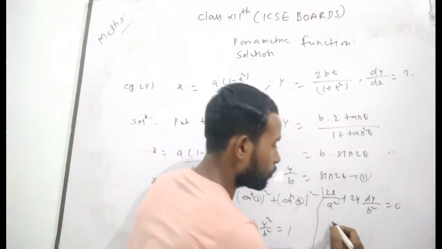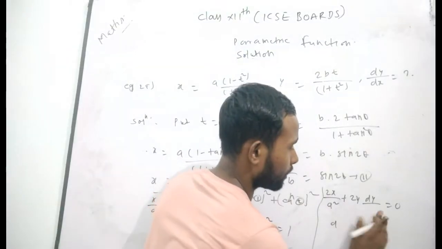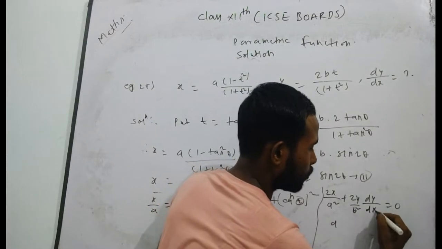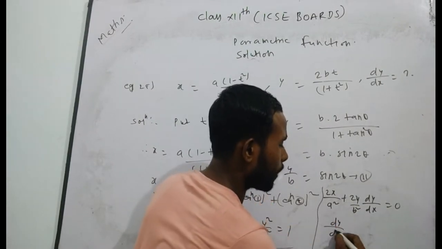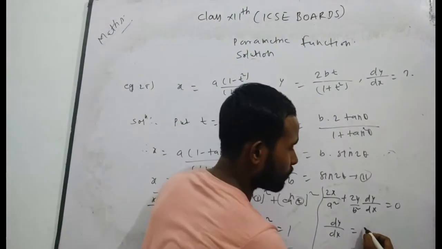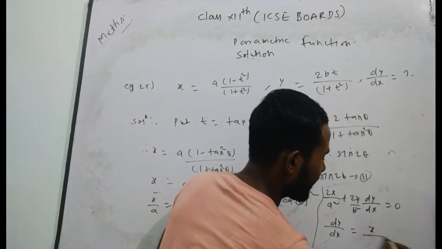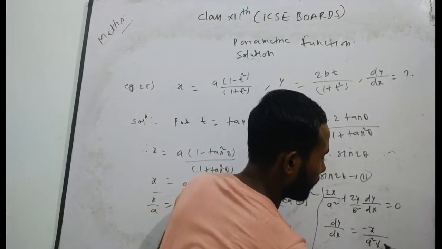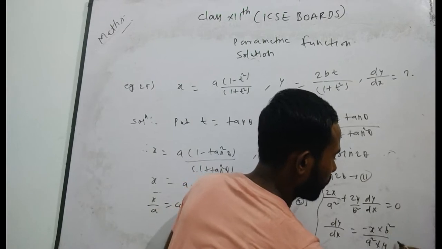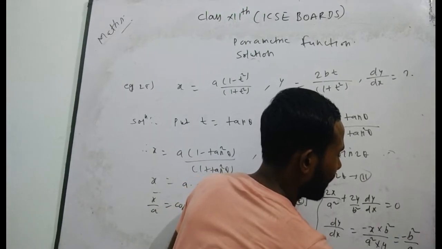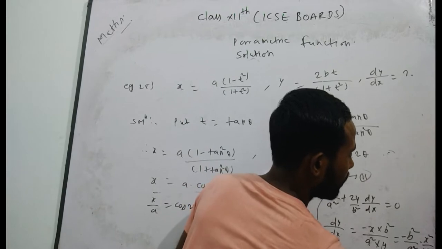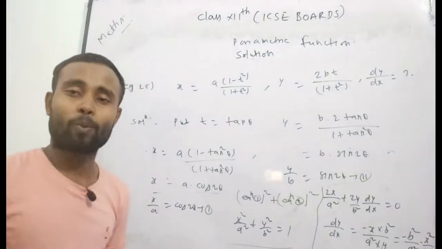Sorry, I forgot to write dy dx here, and you will get dy dx is equal to, cancelling 2, minus x by a square divided by y by b square. That means minus b square by a square into x by y, which is equal to dy dx.